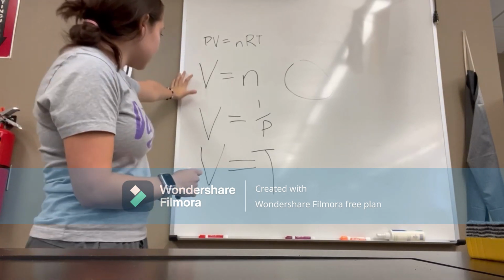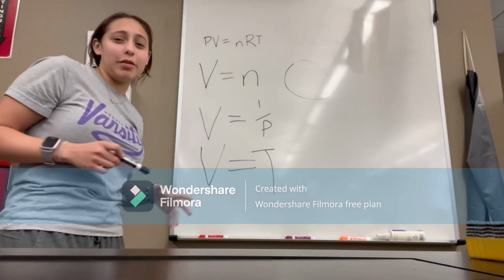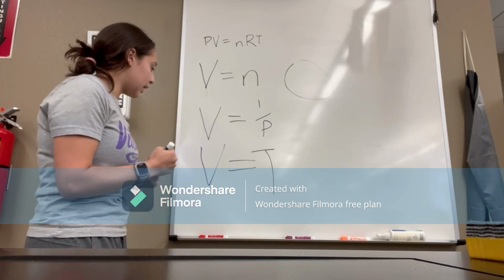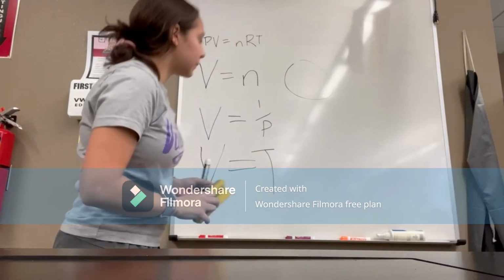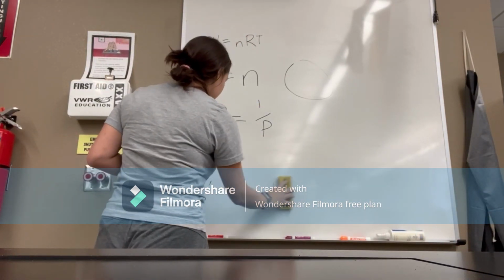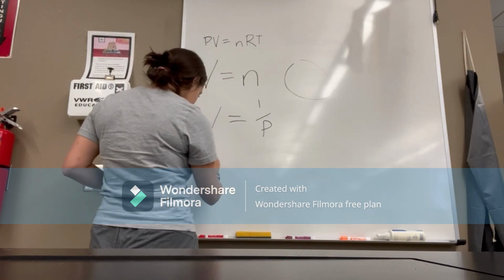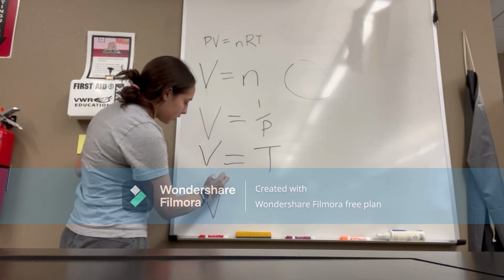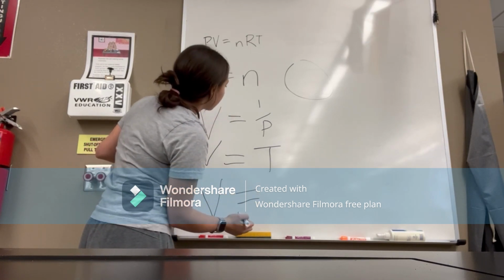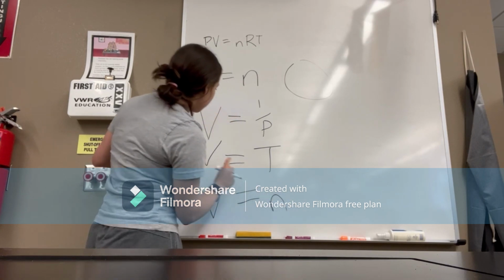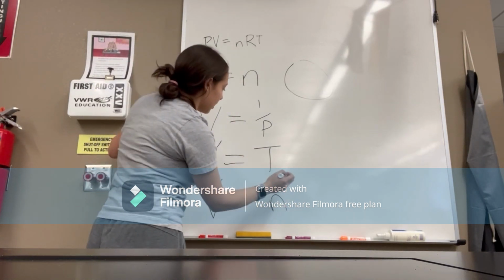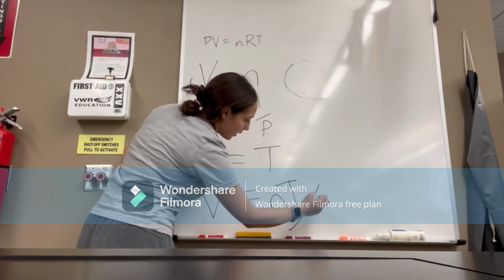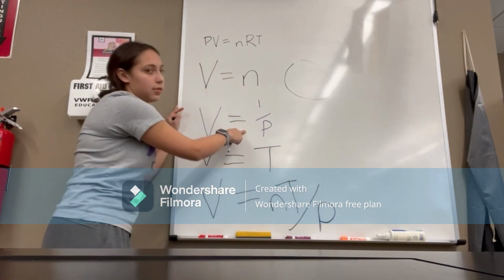If you look at it from more of a math standpoint, you could say that the volume would equal the amount, as it showed up here, and also temperature, as over here, all divided by pressure, as you see here.